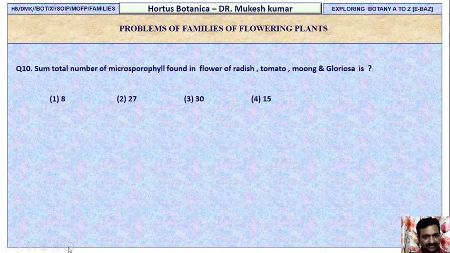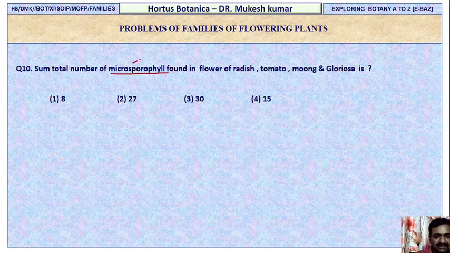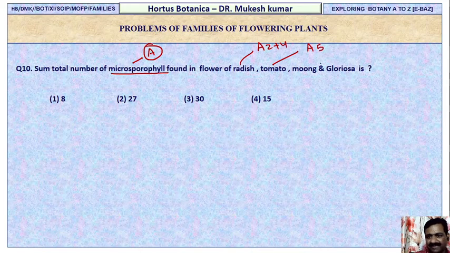Okay. Now the very last and very interesting question again. See, total number of microsporophylls, which means you are talking about the androecium. In radish, a Brassicaceae family, what is this? 2 plus 4. Tomato is the Solanaceae family, this is A5.